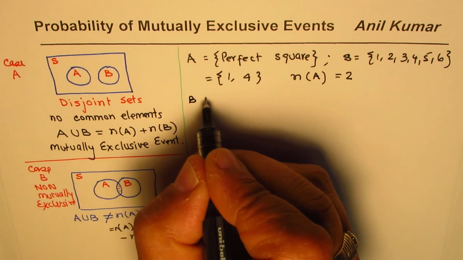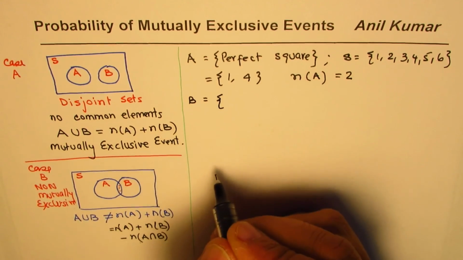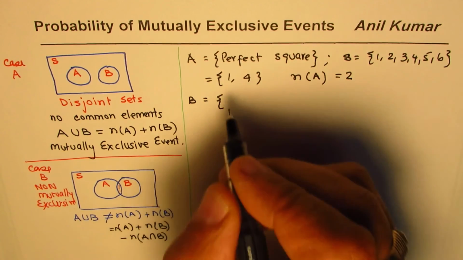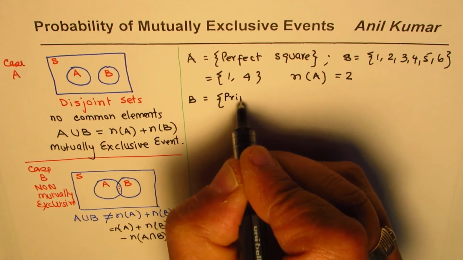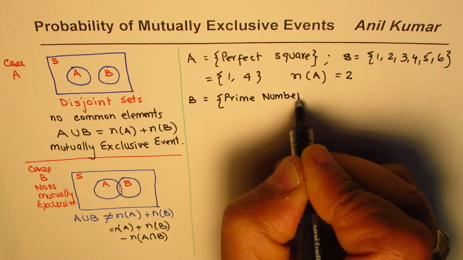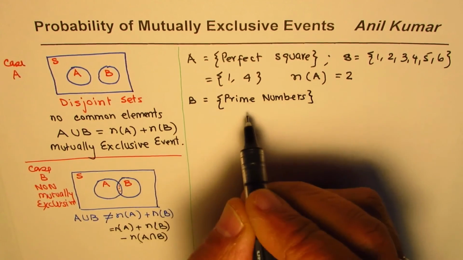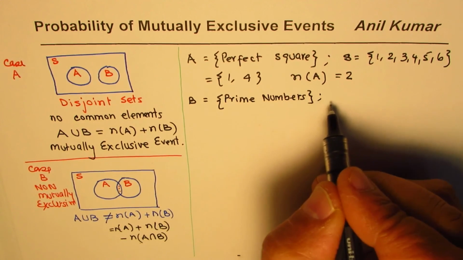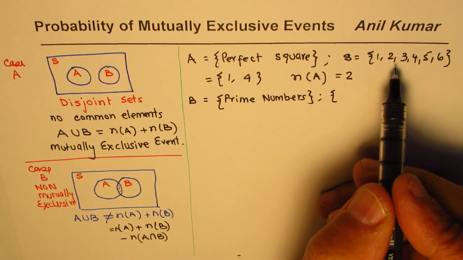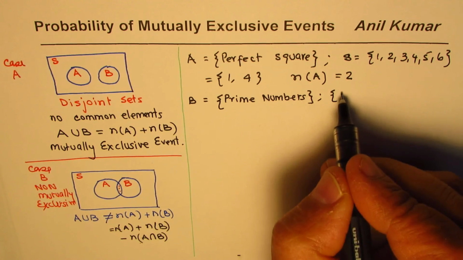We'll call that event B, and let event B be the set of prime numbers. Now, when we say prime numbers, what will be the set? Out of these numbers, the prime numbers are 2, 3, and 5.